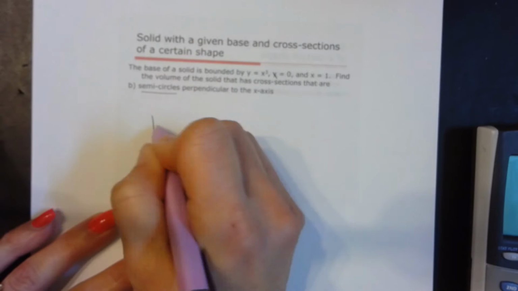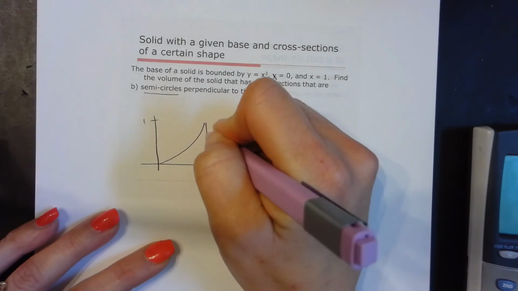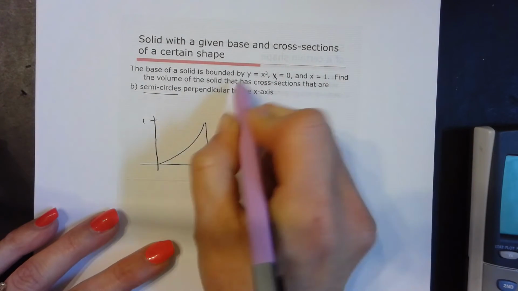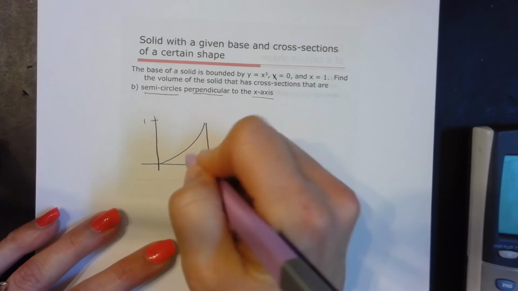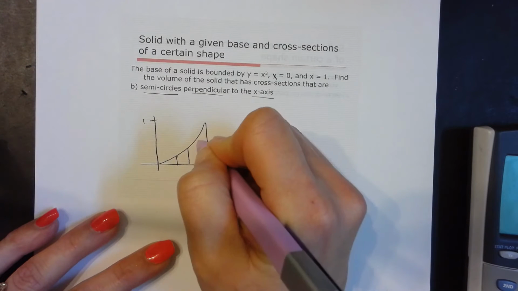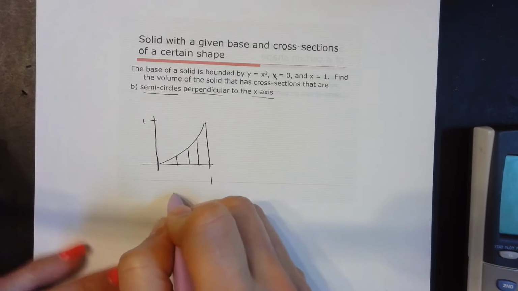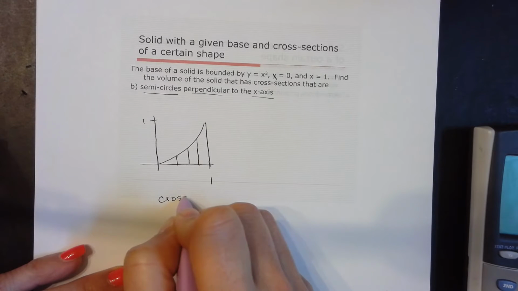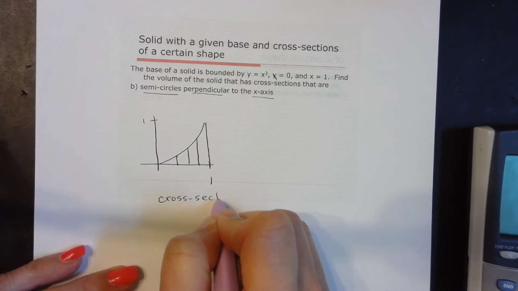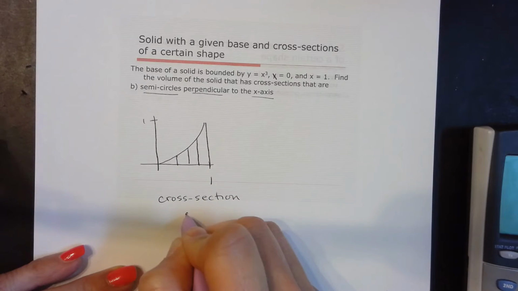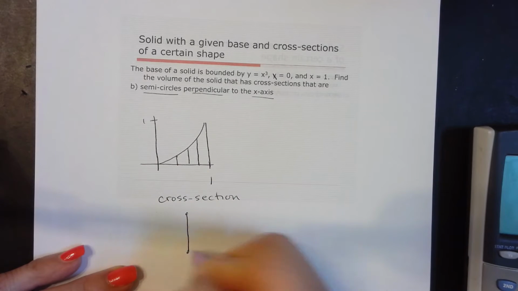I'm still making cross sections perpendicular to the x-axis, so my initial picture is the same. But I've cut my slice, and that cross section is a semicircle.